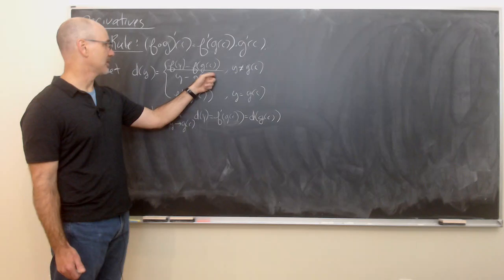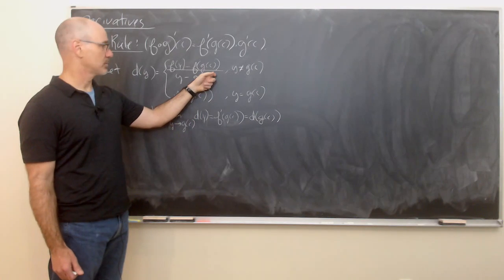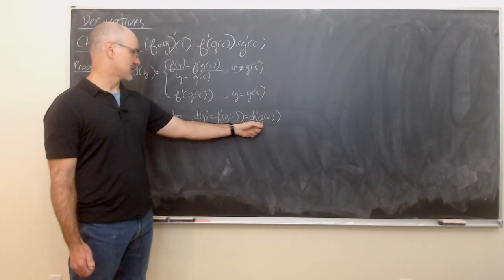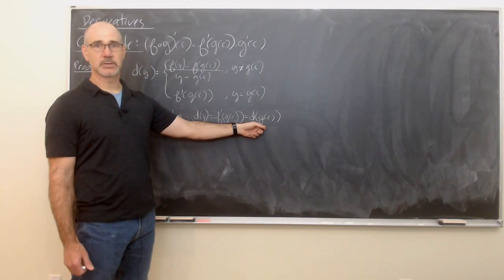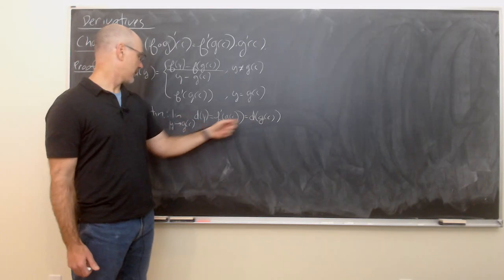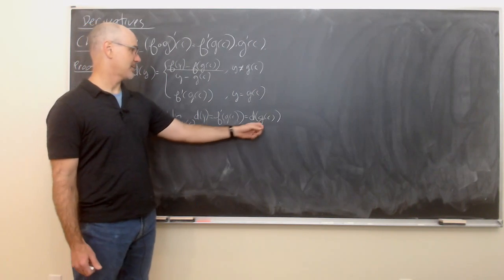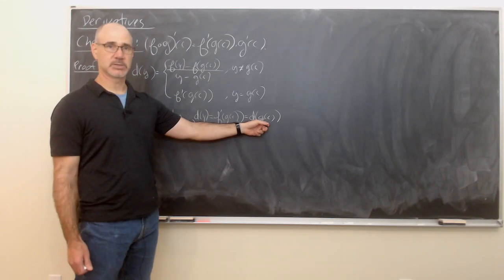That's just taking the limit of this difference quotient on top. But then that limit is exactly how we define D of g of c, right? So the limit of D of y as y approaches g of c is the same as D of g of c, and so D is continuous.